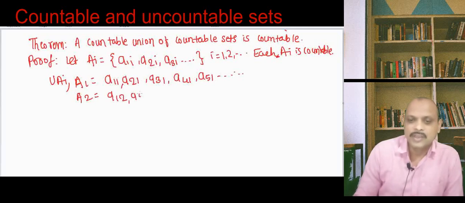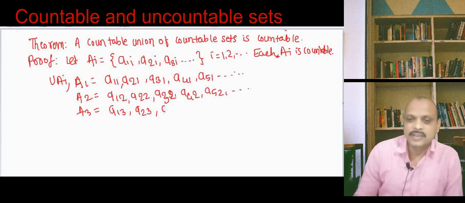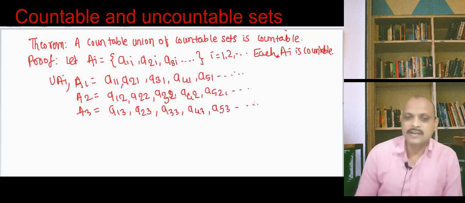Now the elements of A2 are A12, A22, A32, A42, A52, and so on. The elements of the set A3 equal A13, A23, A33, A43, A53, like this.